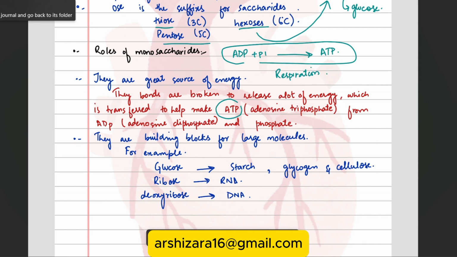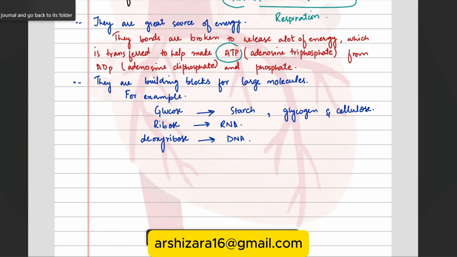One thing is that they are a great source of energy, and the other thing is that they are the building blocks, the monomers, and they make all these polymers, which are very essential for living beings.